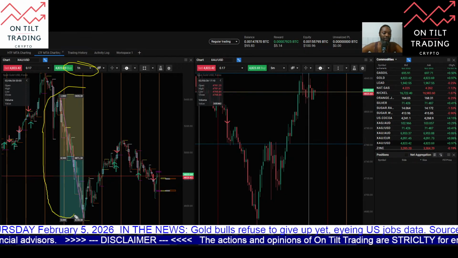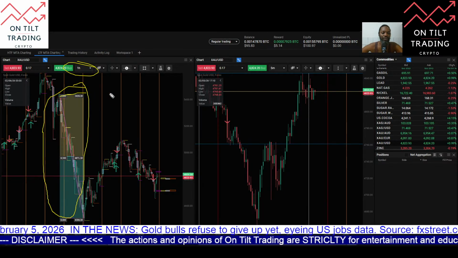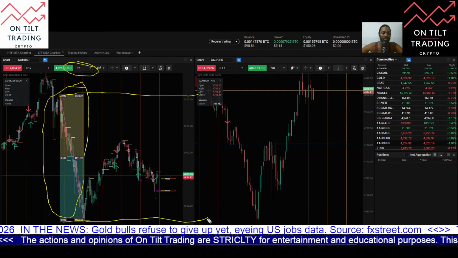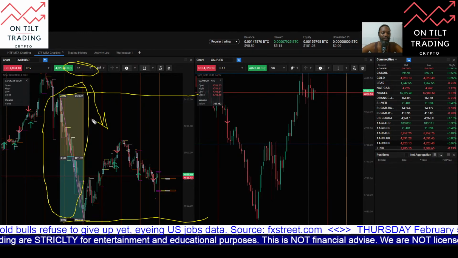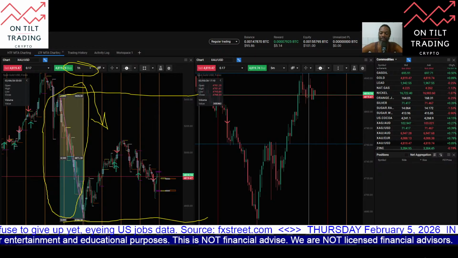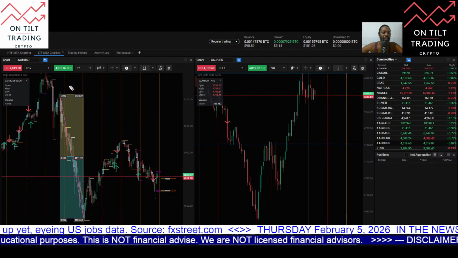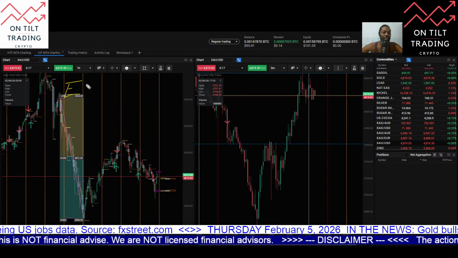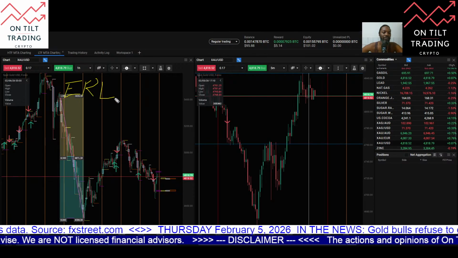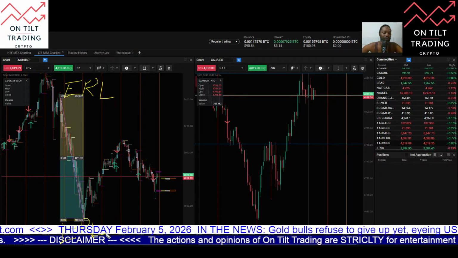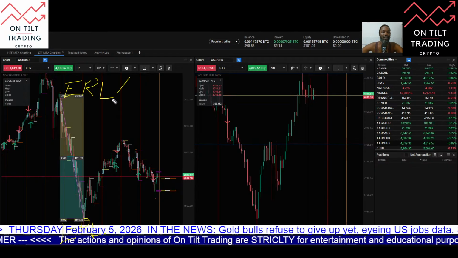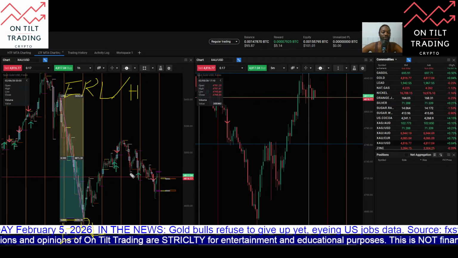This area here, with this Fibonacci retracement, is my dealing range. Here I've got gold delivering to the sell side, with this being the external range liquidity high right here, and this being the external range liquidity low here on the 1 hour chart.